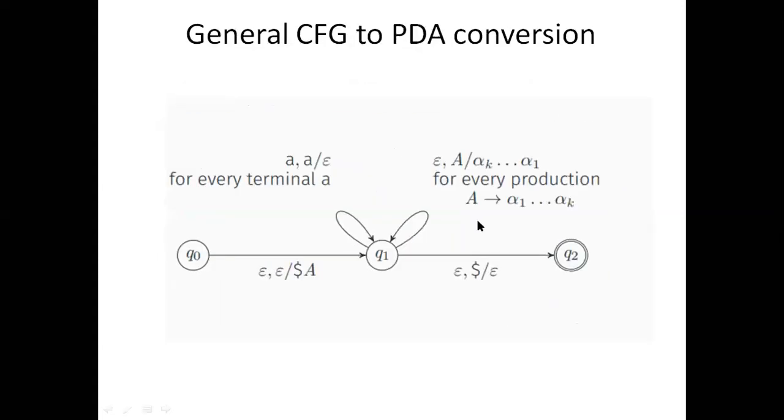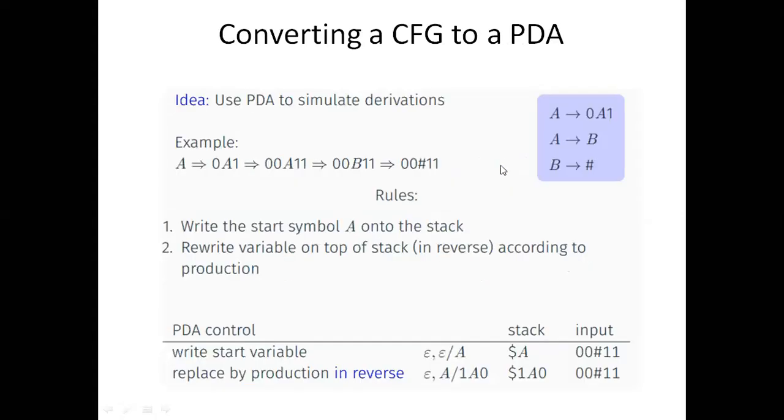So you have to replace this A with its string on the RHS. The production that we add is: without consuming anything from the input, if A is on the stack top, then replace it, or push all these things onto the stack. That is what is shown here.